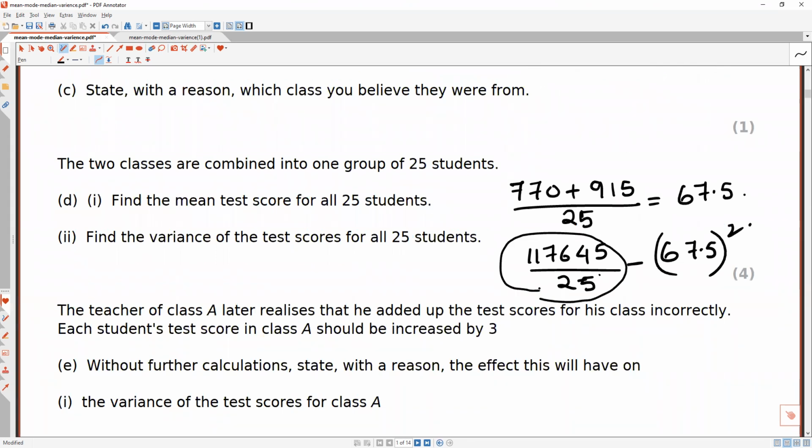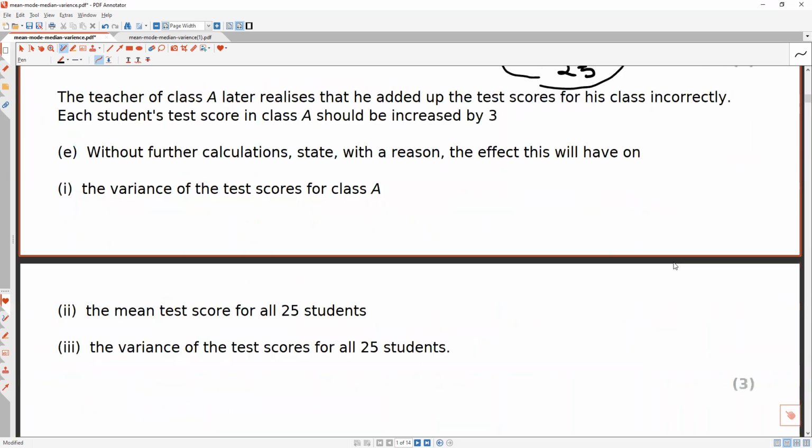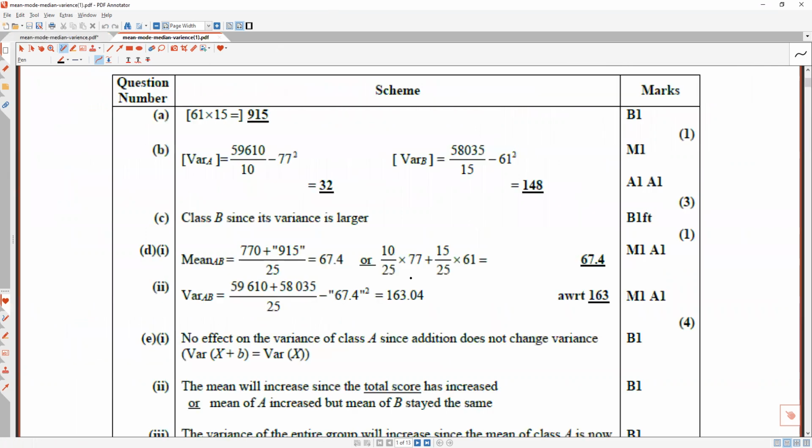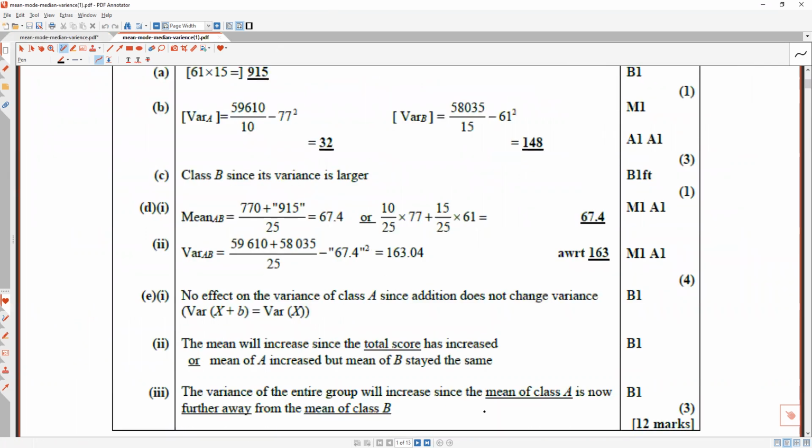Because of 3 square every time, while your mean will increase a bit, not much. I feel like the overall variance will increase. The variance of the entire group will increase since the mean of class A is now further away from the mean of class B.